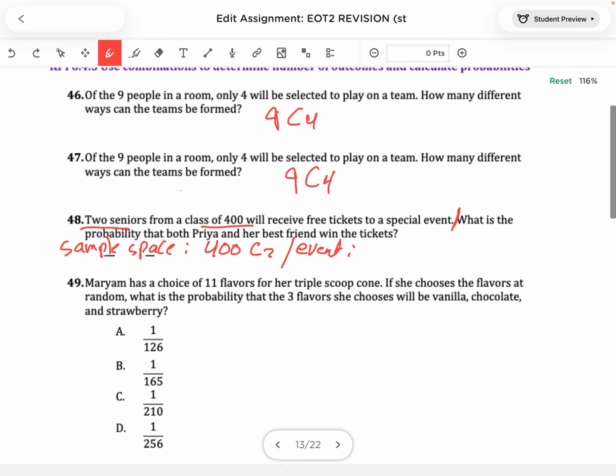Both Priya and her best friend is 1, because they are already selected. So the probability will be the event, 1, over 400 combination 2, and you have to calculate the answer. Question number 49 is the same question we did before. The answer is 1 over 65.